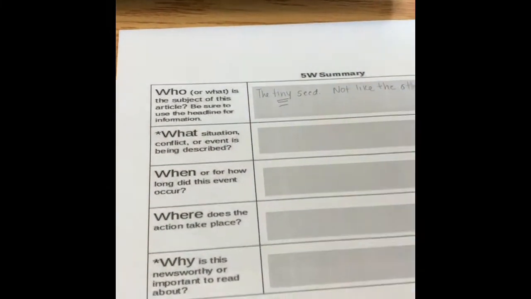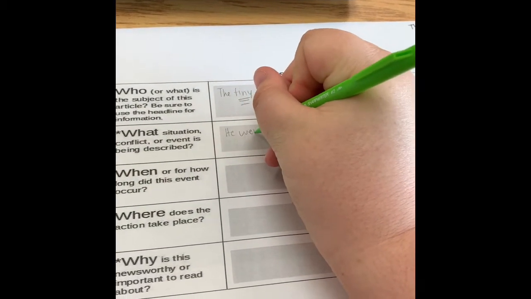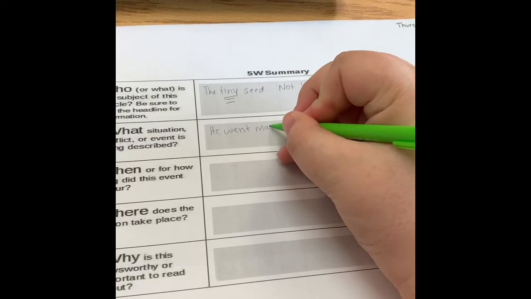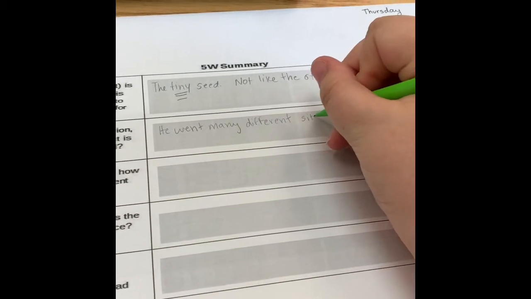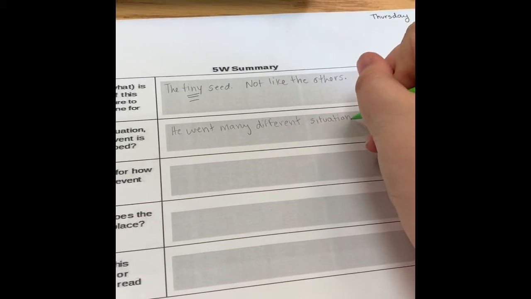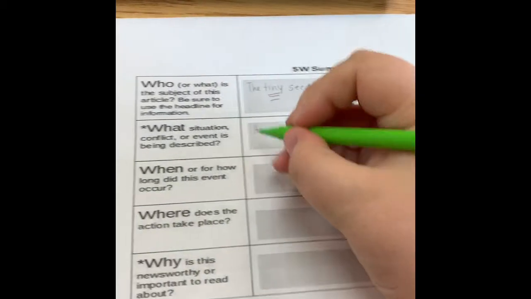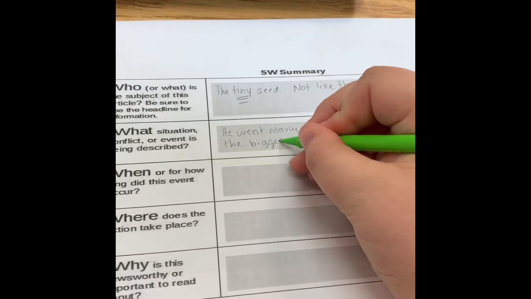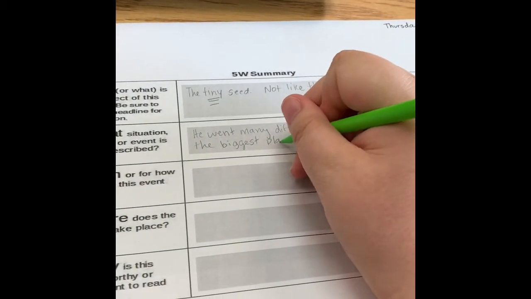Well, the tiny seed, like we said, was not like the others, and he went through many different situations to eventually become the what? The biggest plant. That's right. So he started off with this itty bitty seed, smaller than his friends, but he ended up being the biggest plant of all.